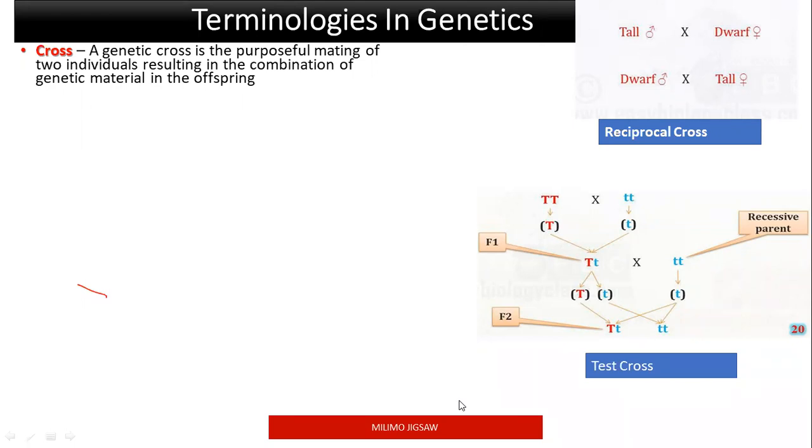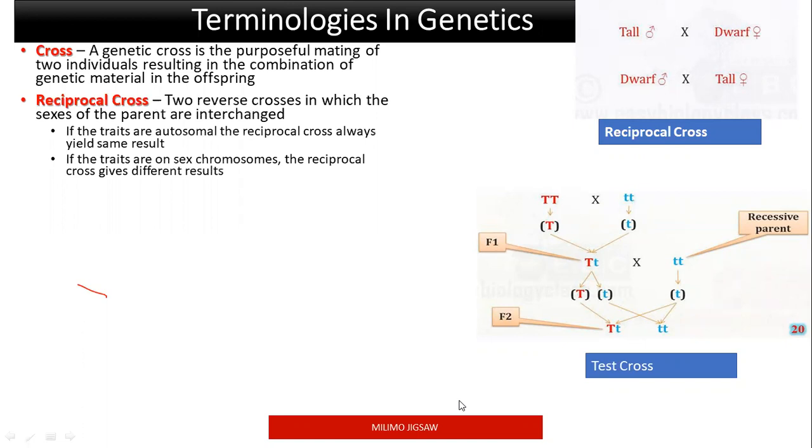So that's a cross, and we've been talking about crossing for a while now. And then we have some types of crosses that exist.